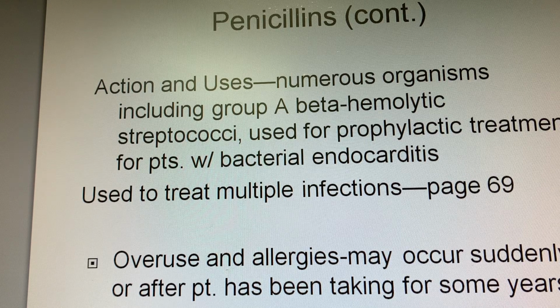On page 69, you see a whole list of pathogens that penicillin is active against and have saved many lives. But like I said, it's overused, and allergies can occur suddenly or after the patient has been taking penicillin for some years. So you never ever want to just take it lightly because it's a common allergen.